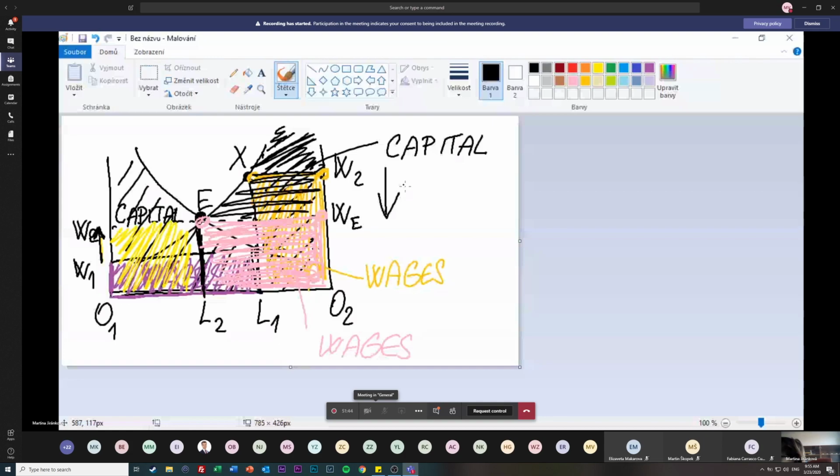So the third conclusion, or the third impact of migration.